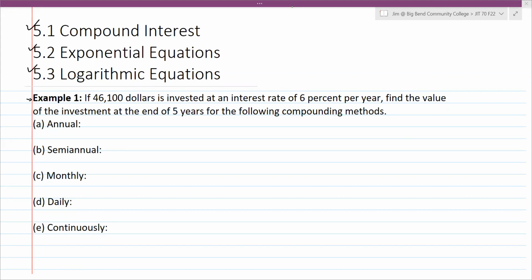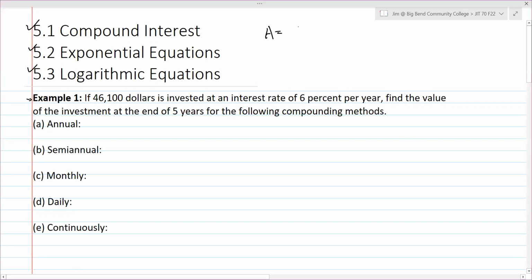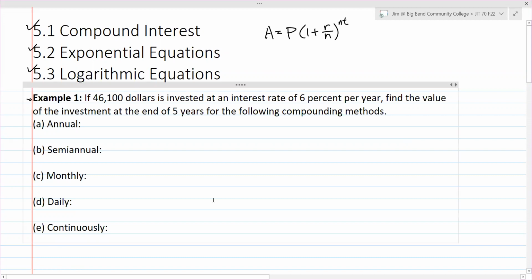First of all, the equation you should have learned in the lecture video is A equals P times (1 plus r over n) to the n times t.